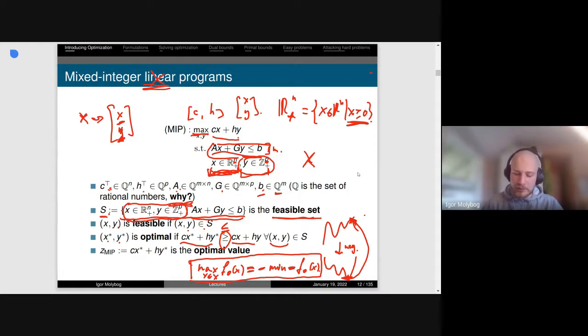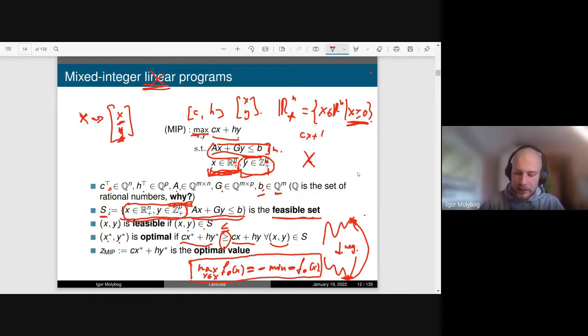In particular, if we are talking about linear functions, the properties of the objective do not change if you negate it, because the negation of a linear function is still a linear function. If you multiply cx plus hy by -1, you will get minus cx minus hy, which is still a linear function.